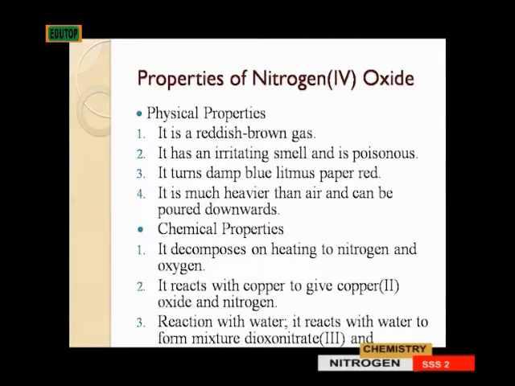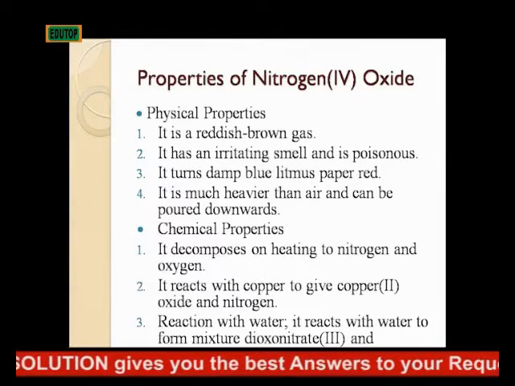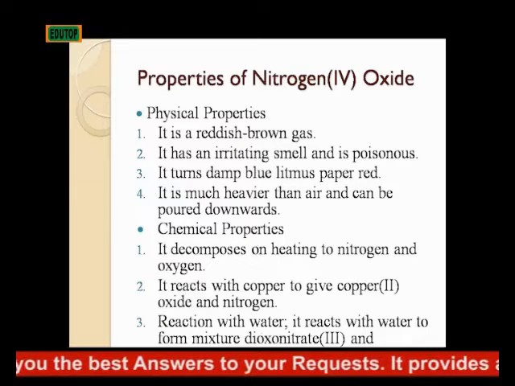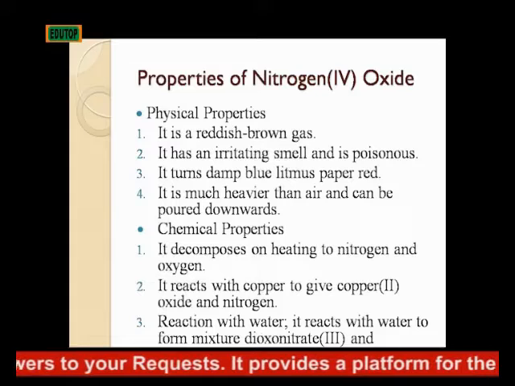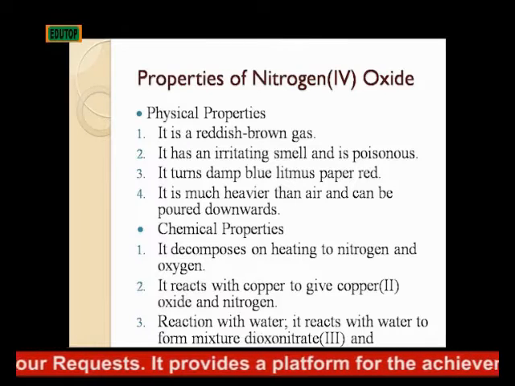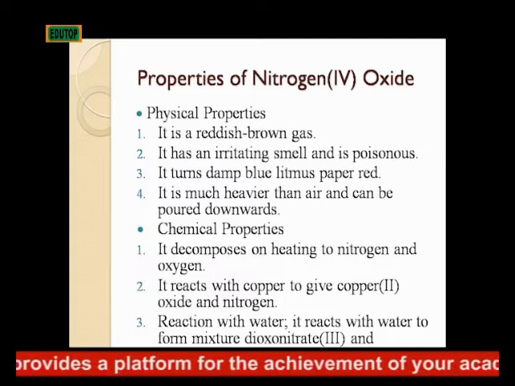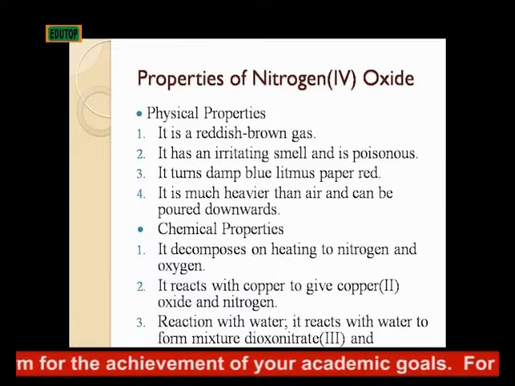It has an irritating smell and is poisonous. 3. It turns damp blue litmus paper red. 4. It is much heavier than air and can be poured downwards, that is, it is delivered downwards.